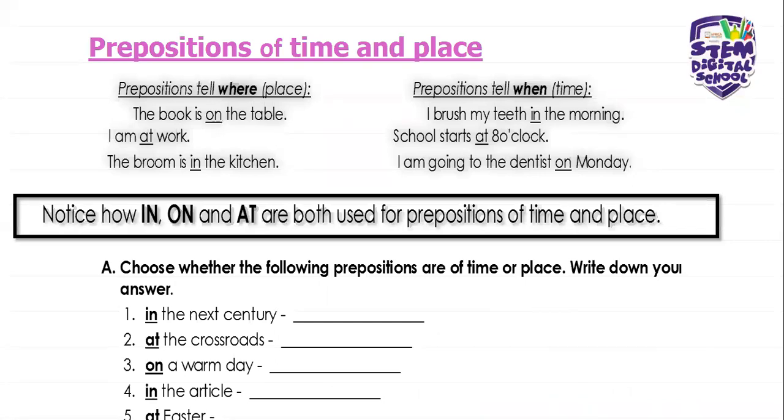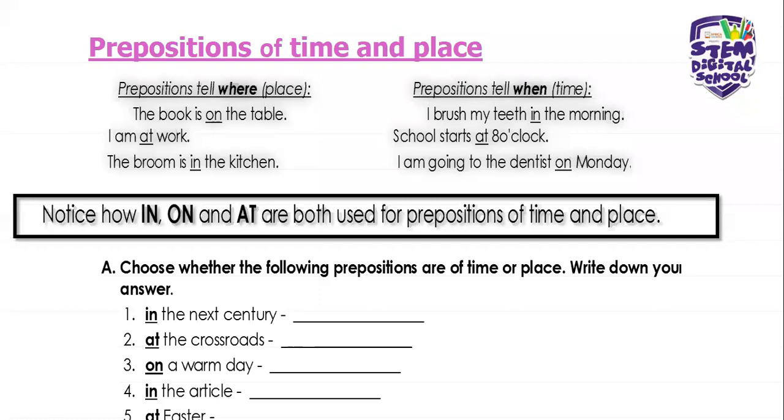Now, let's look at the prepositions of time and place. Prepositions tell us where, meaning a place. The book is on the table. For example, I am at work, or the broom is in the kitchen. Now, there are also prepositions that tell us when, meaning the time.